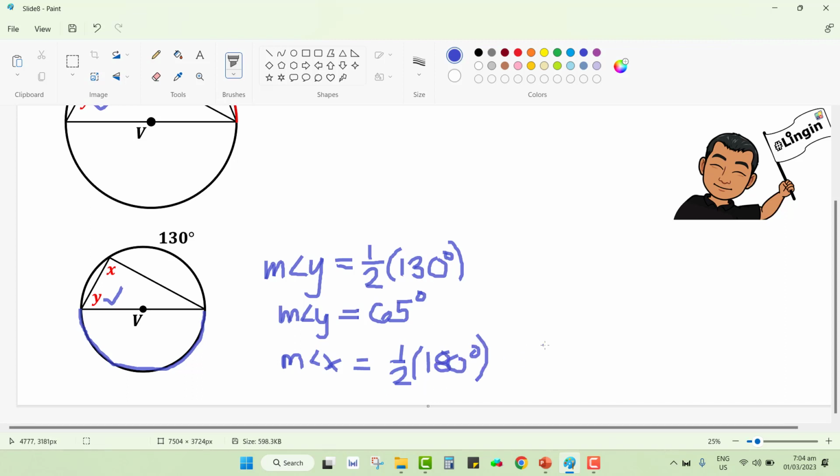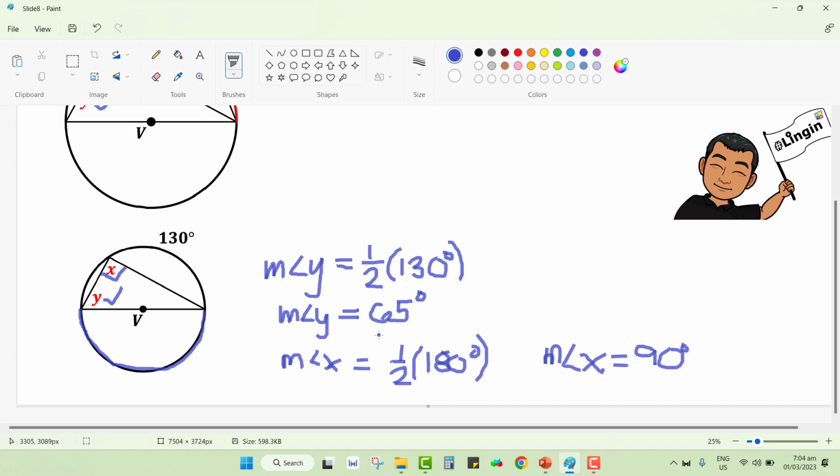So half of 180 degrees is 90 degrees, and that's why the inscribed angle x is a right angle. It's 90 degrees.